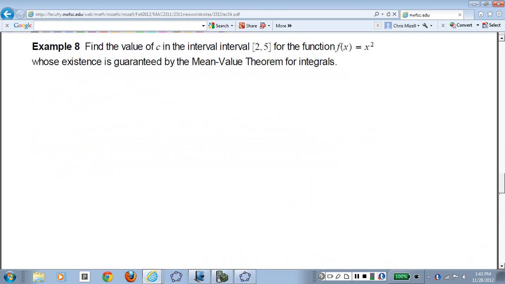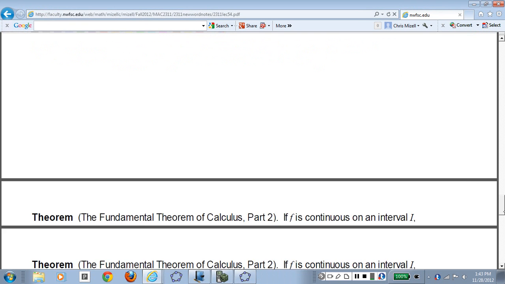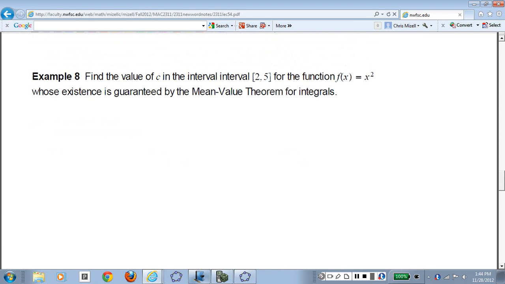Yes, it is. Find the value of c in the interval 2, 5 for the function f of x equals x squared, whose existence is guaranteed by the mean value theorem for integrals. Typical test type question. Let's see if we can find it.